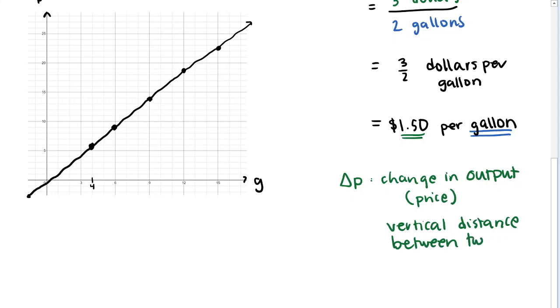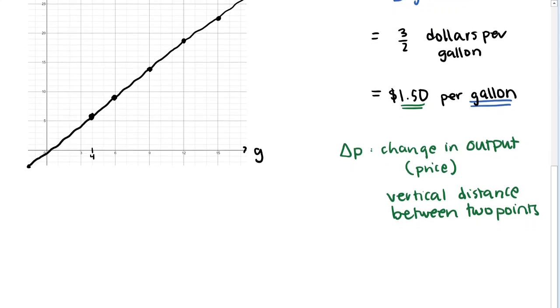And typically, if we're dealing with just the x and y variable, we would think of the change in the output as delta y. And delta y would just be the vertical distance between 2 points. That's really what the numerator in the rate of change is describing, the vertical distance between 2 points.